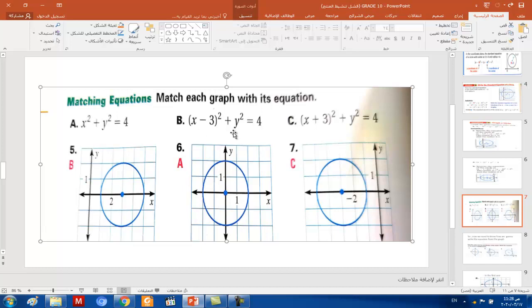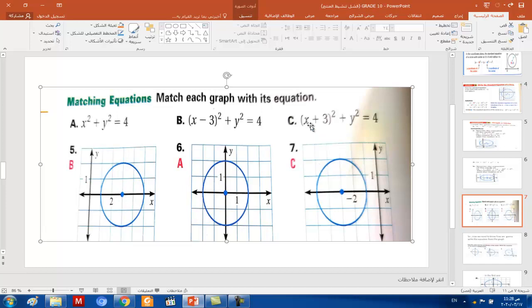And the radius: the number squared equals 4, so the radius equals 2. So number 5 or 7, of course number 5, because the center is positive 3 and 0 and the radius equals 2 units.